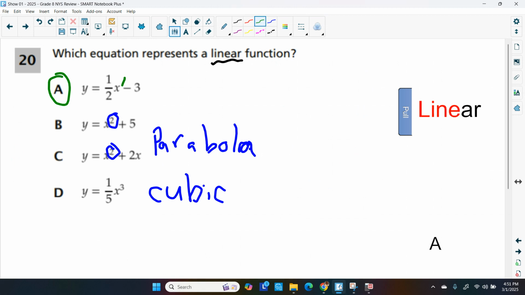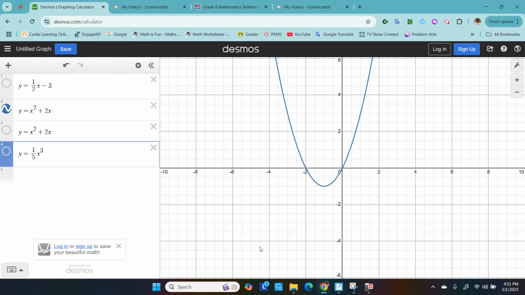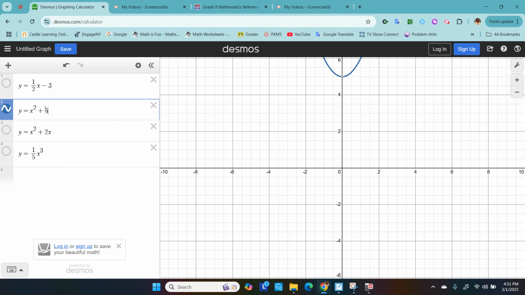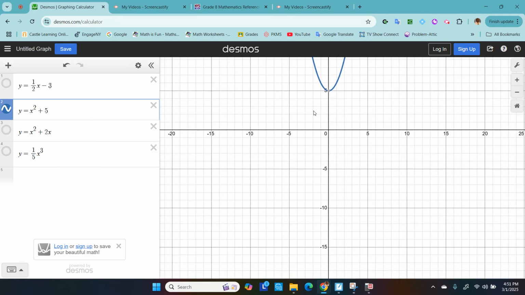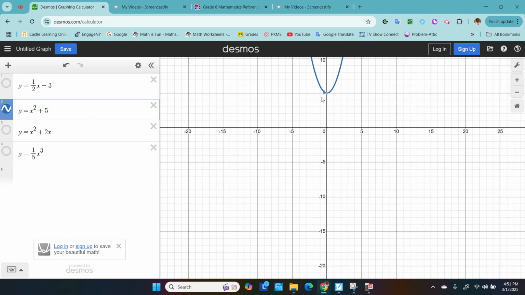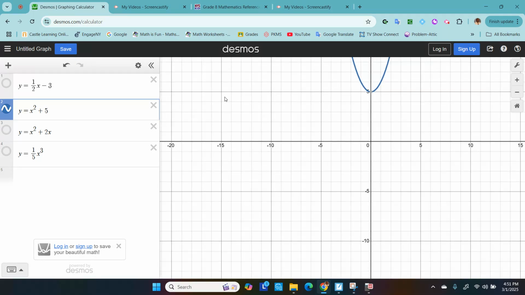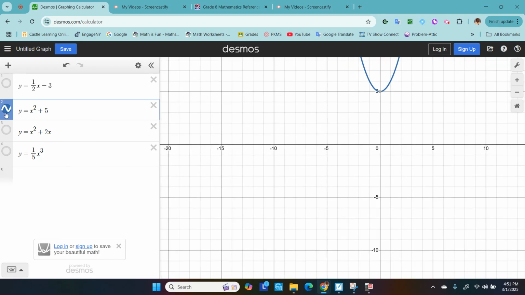Okay, so it was 5. So this one should have been plus 5. Okay, now it goes way up there. And pull this back a little bit. So there it is all the way up there, but it's still the shape of a U. All right, let's get that out of the way.